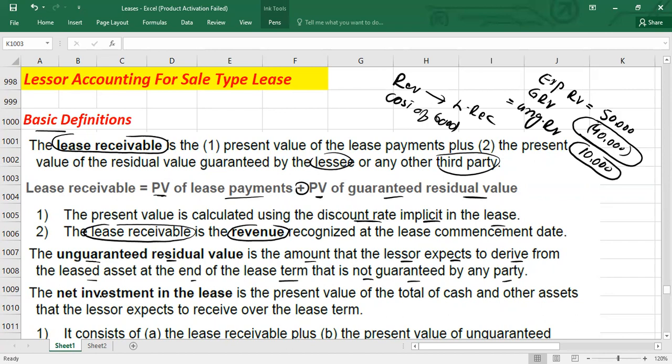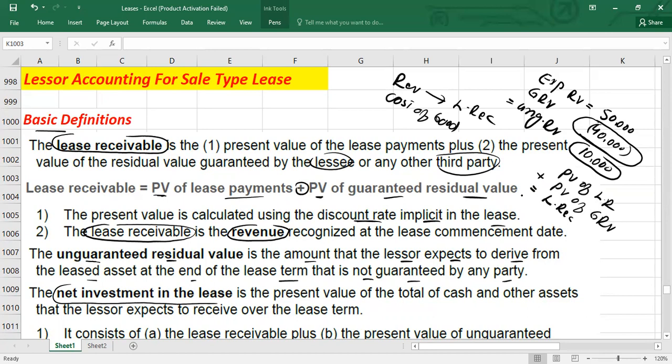Then third, we have another definition which is called net investment in the lease. What is net investment in the lease, guys? You should remember, if you take the present value of lease rentals plus the present value of the guaranteed residual value by the lessee or third party, this is equal to the lease receivable.